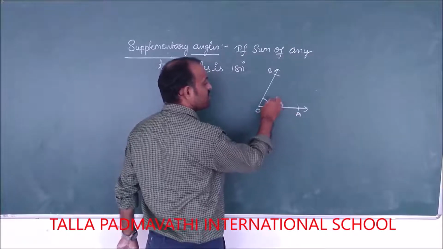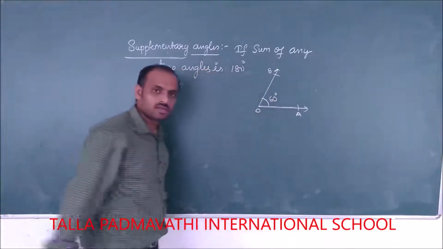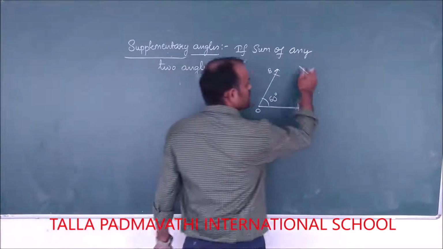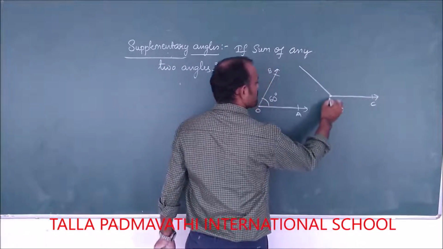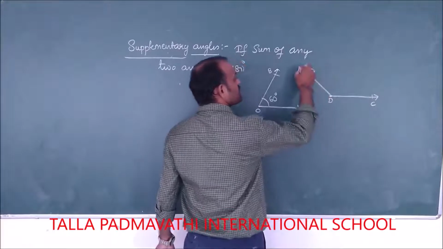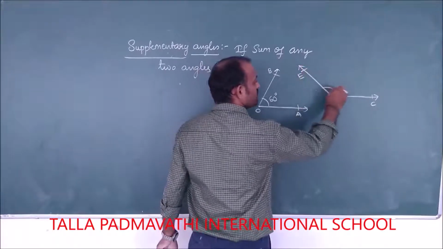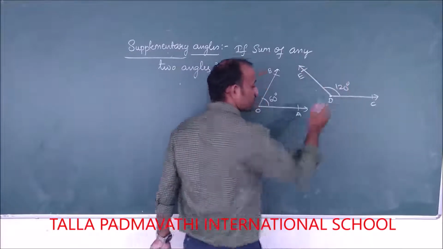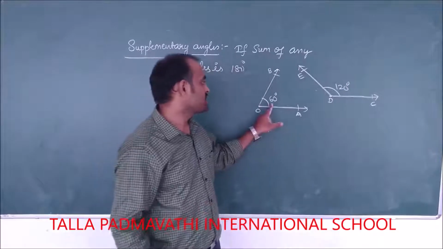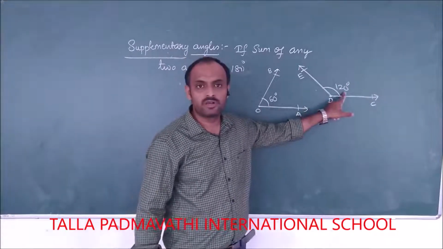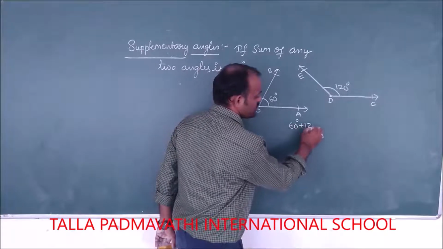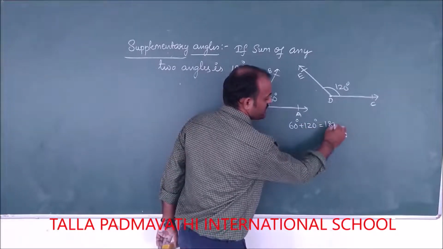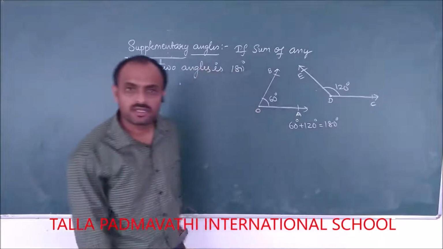I have an angle here, 60 degrees, and I have another angle, 120 degrees, here. If I add these two angles, 60 degrees plus 120 degrees, the sum is 180 degrees.